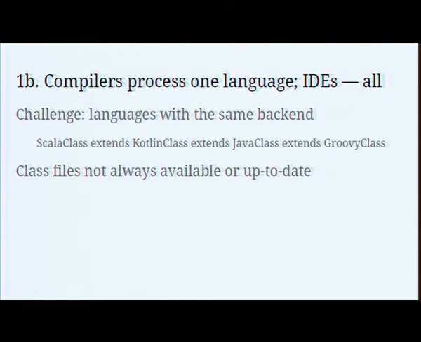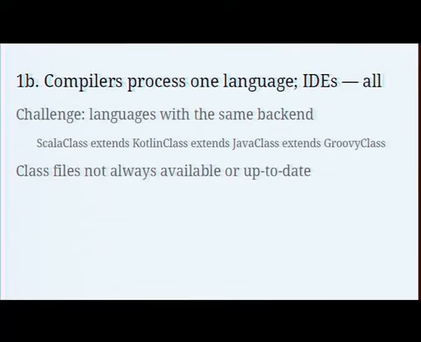But we are not a compiler. We don't reuse it. We're an IDE, and the class files might not just be there, or they might be outdated, because the user has not compiled yet. So we have to work with the source code.